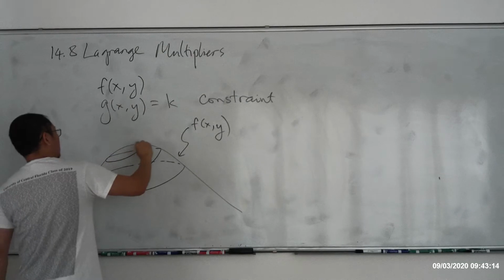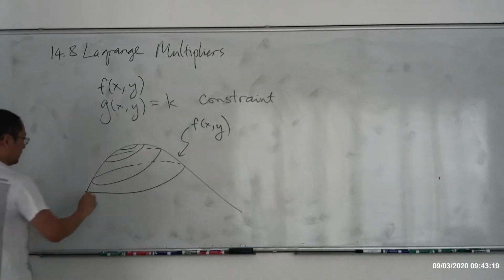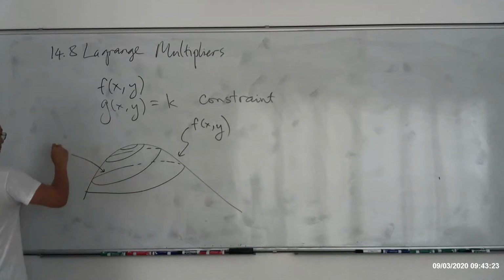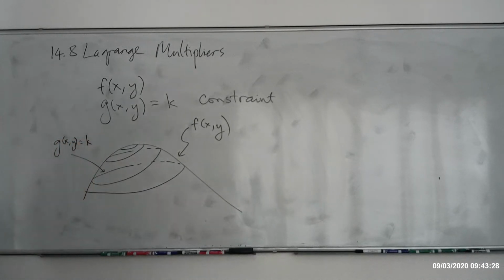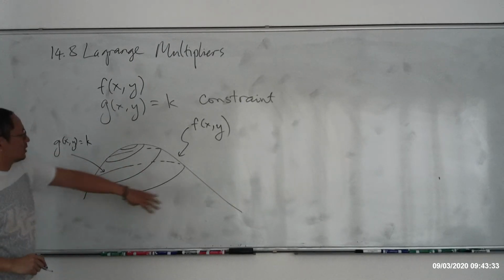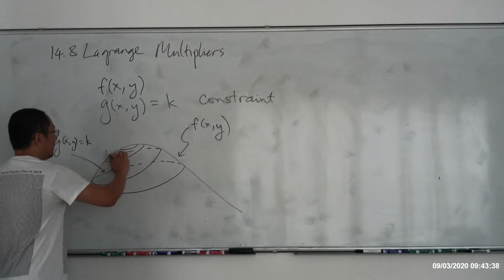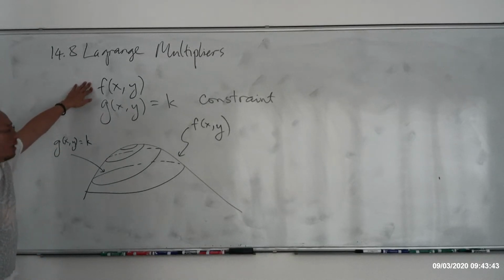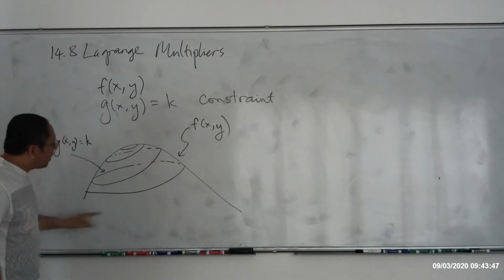It's like the road that helps you go up on the mountain. This curve is function g equal to k. Okay. So it's a curve, right? Equal to a constant. Right. You have g(x, y) only, it's not going to be a surface, equal to a constant, just a curve. Okay. So the question asks you what? Find the maximum or the minimum point on the mountain. That point is going to be on the road as well.